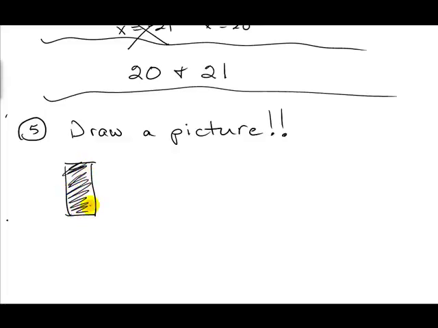This is my building, and we have a ladder. Let's make the ladder blue. And then we talk about the distance between the ladder and the building. So you can see here I've created a triangle.